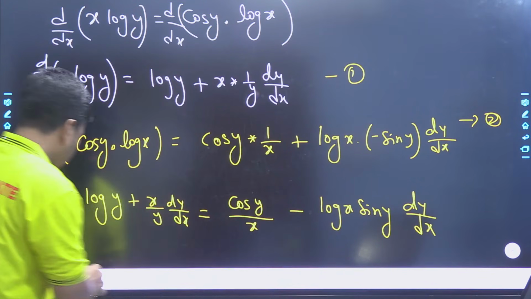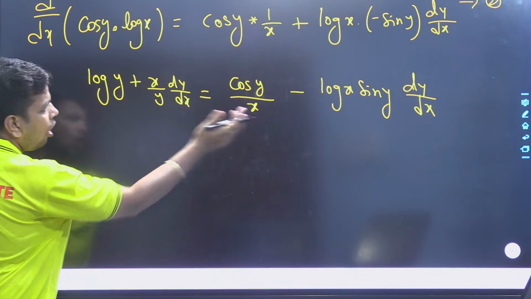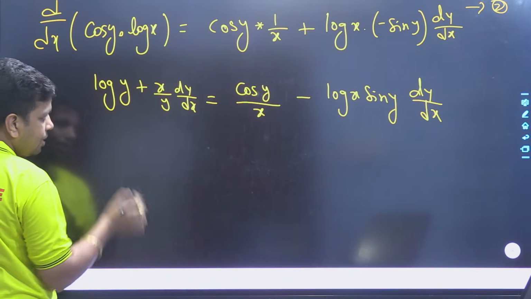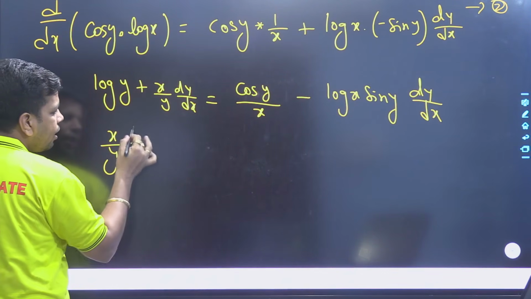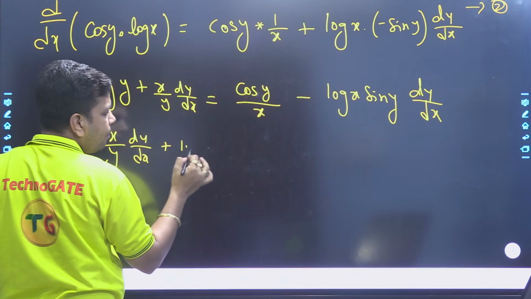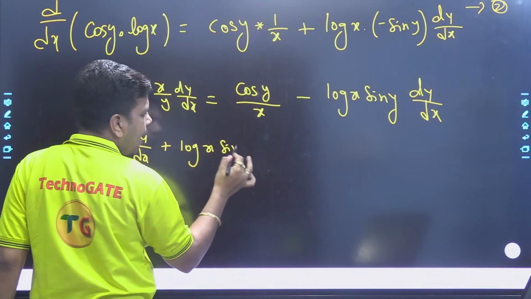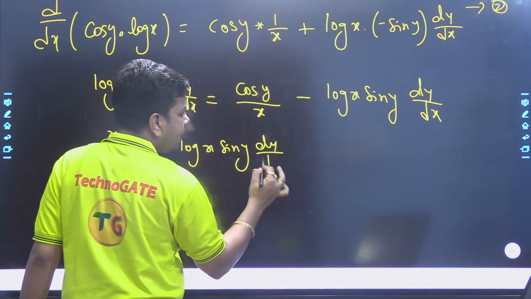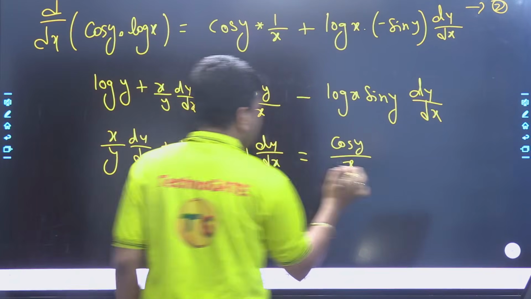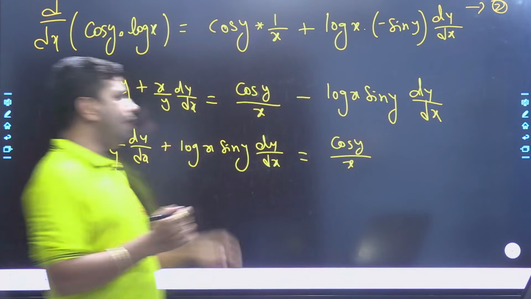Now we'll take all the dy by dx terms on one side. So x by y dy by dx, and on the left hand side we take plus log x sin y dy by dx. This is equal to cos y by x, and sending log y to this side, minus log y.